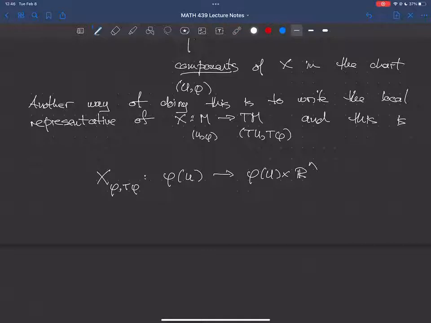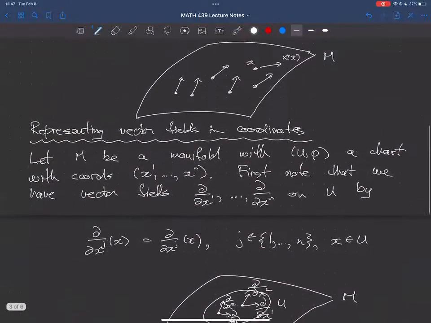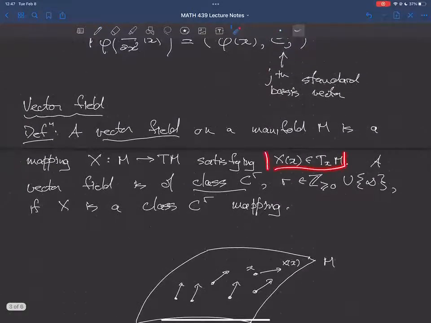And what will that thing look like? Well, it's going to take a point down here, which is just going to be some vector in Rn, and I'm going to write that as a vector, an x with a little bar under it just to make sure we understand that that's a vector in Rn. And so this thing is going to map to, just by virtue of the fact that a tangent vector has this property, it maps x and gives me a tangent vector at x.